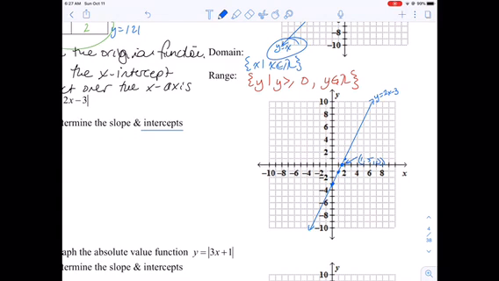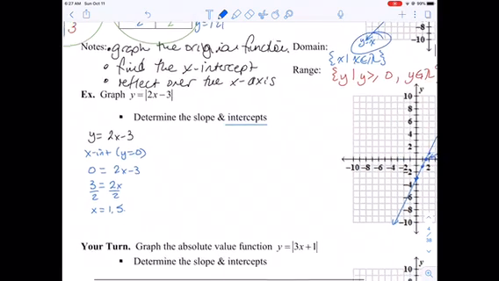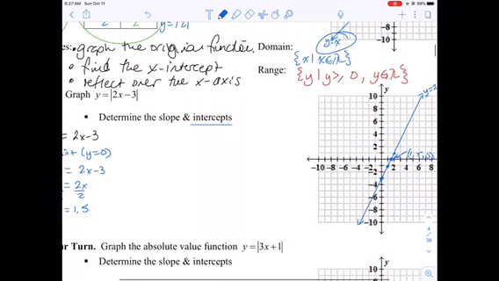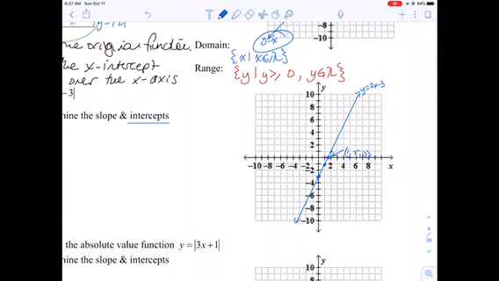And then to graph y equals absolute value of 2x minus 3, I'm going to find a couple of points. For example, my y-intercept of 0, -3 is going to become 0, +3, because it's those y coordinates that indeed will change.